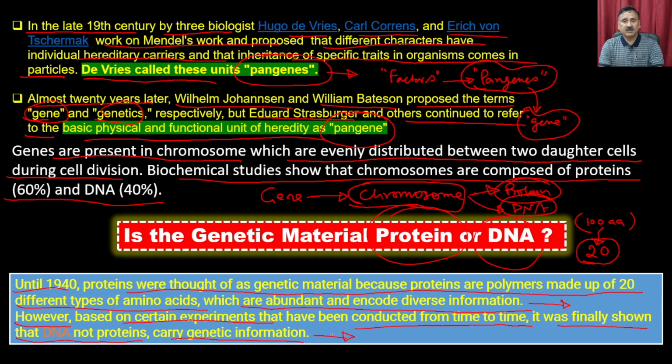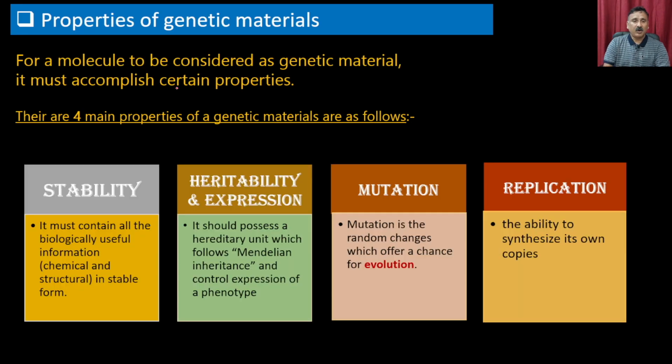Now the first question comes: what could be the properties of the genetic material? What are the probable properties a molecule should have, so that you can say, okay, this is the genetic material? So for a molecule to be considered the genetic material, it needs some requisite parameters to accomplish its task.